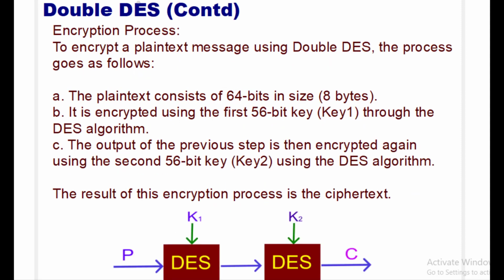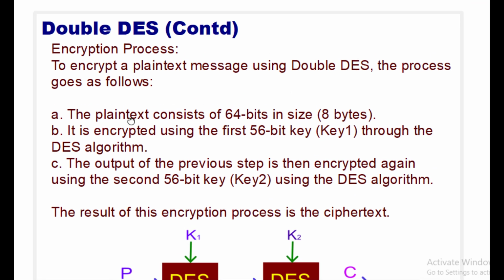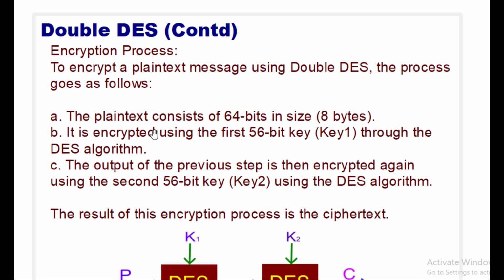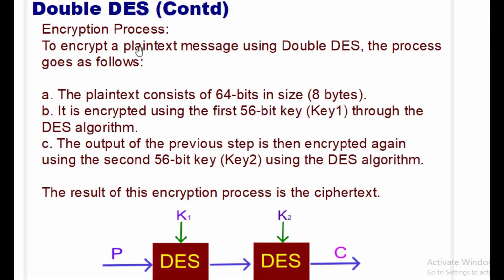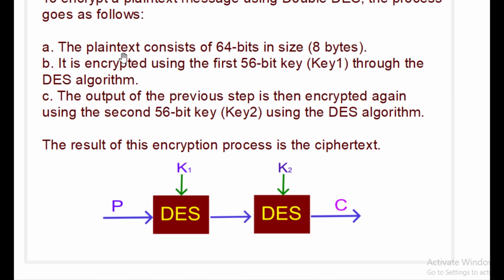Now see, this is how the double DES encryption is done. This block shows the encryption process. For the encryption process, we assume the plain text consists of 64 bits, because it's a block cipher.